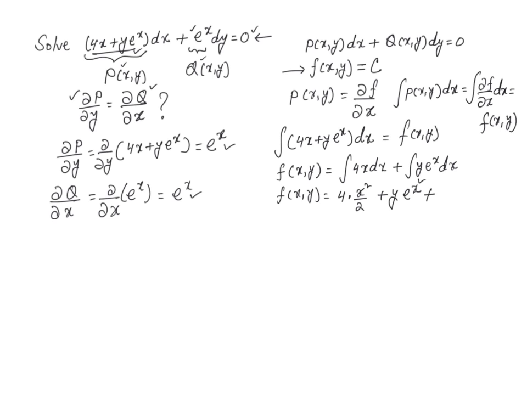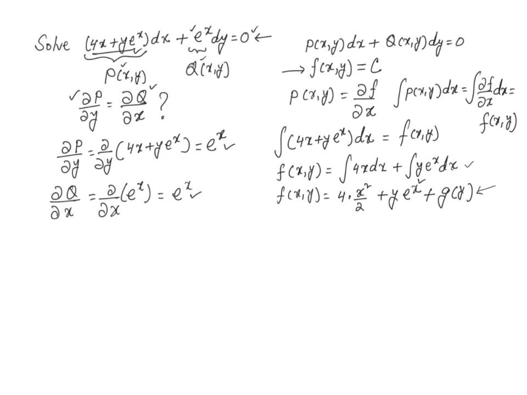Here we are going to have to add an arbitrary function. Let's call it g of y. Why are we adding this arbitrary function of y? Because of the integral that we are taking with respect to x, so this serves as a sort of constant.